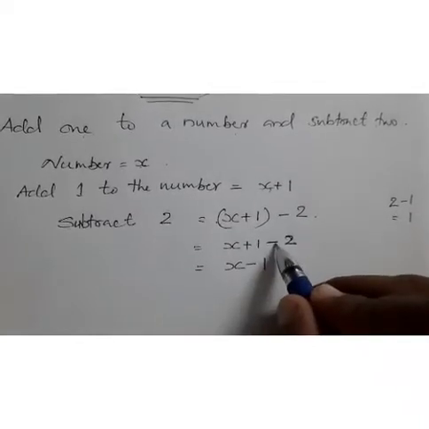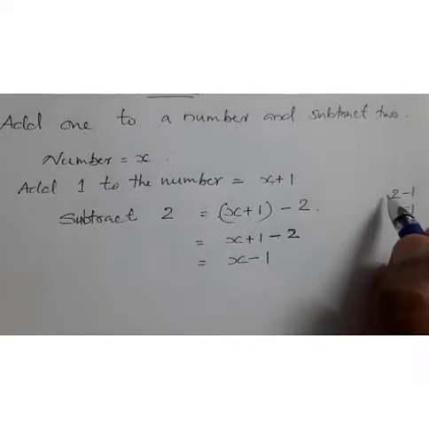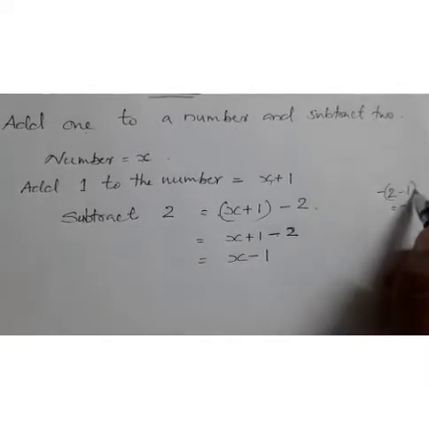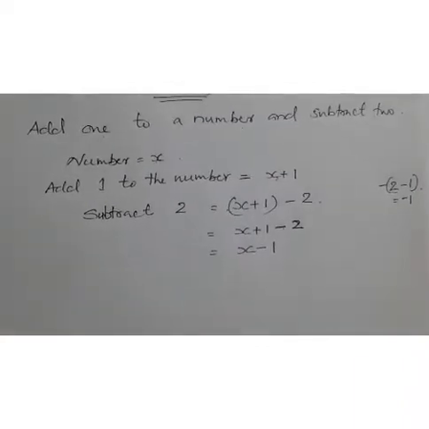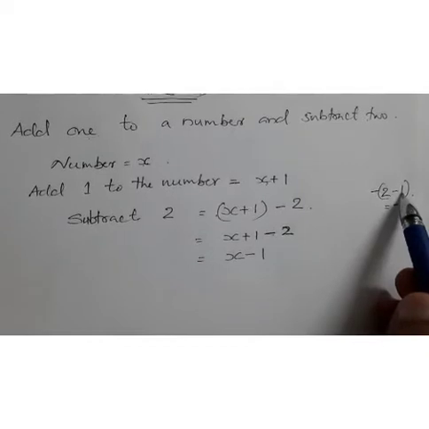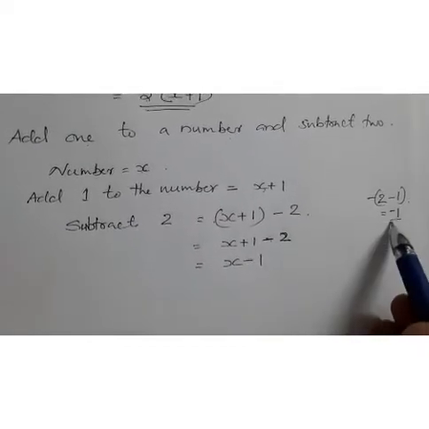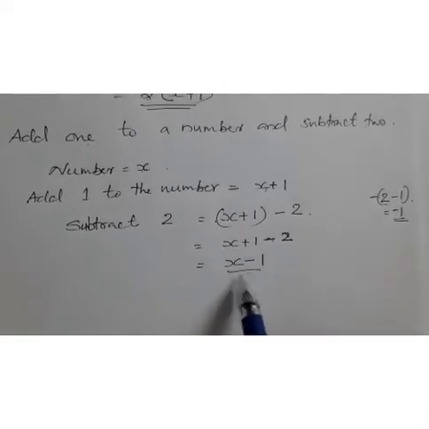Here the bigger number, the sign is minus, so you have to write the minus there. So you will get minus 1. So x minus 1 is the answer.